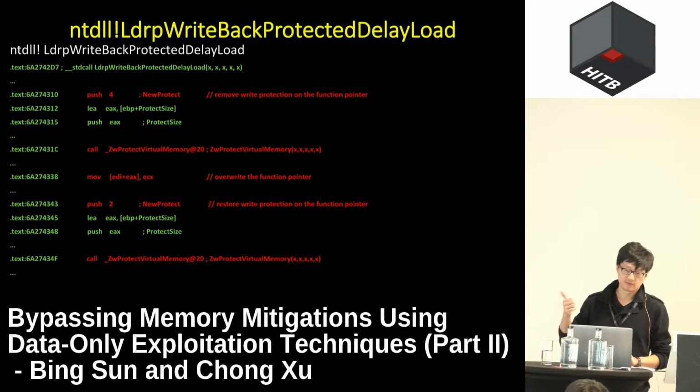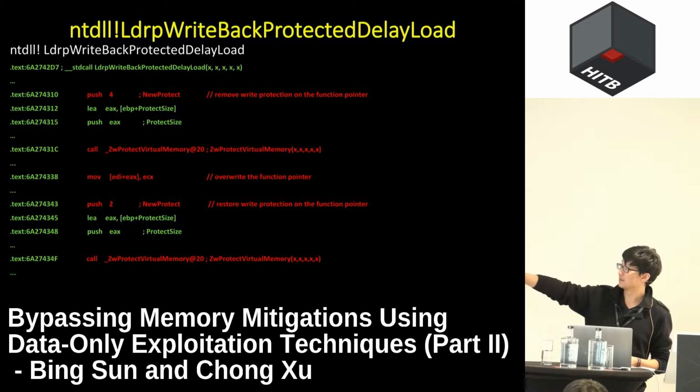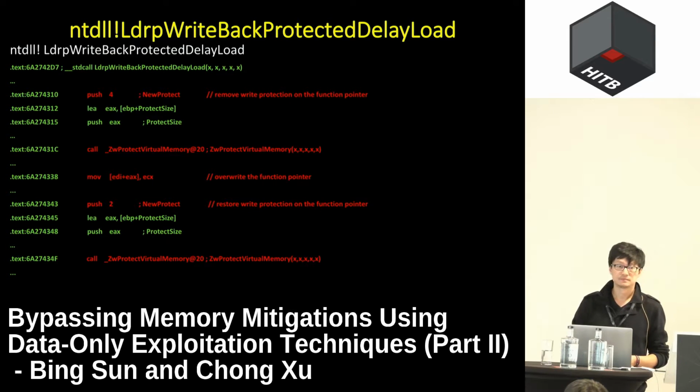This is where the actual function pointer replacement eventually occurs, as you can see. It overrides the function pointer in this internal function, LdrpWriteBackProtectedDelayLoad.